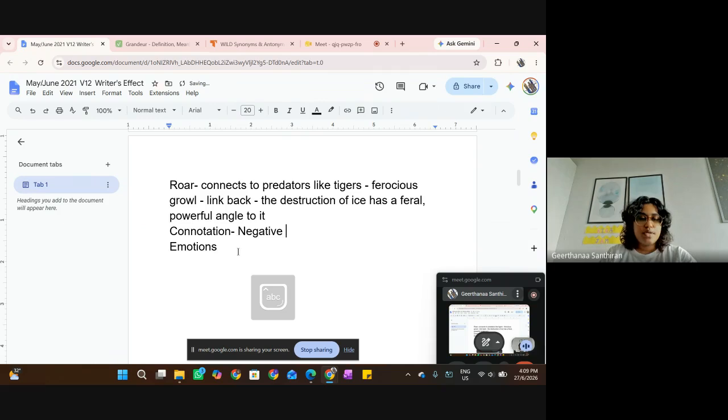Emotions, hmm. It's similar to the previous one as well, but I again don't want to use the same words. So instead of fear, I can say it's scary. I mean, the fact that it's far away, but it could be beside you, I think there's some suspense to it.